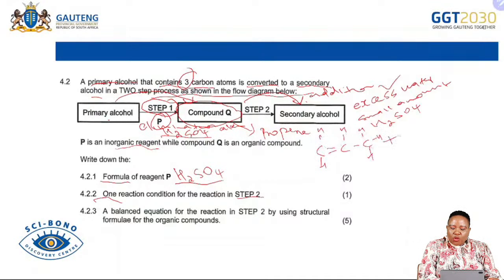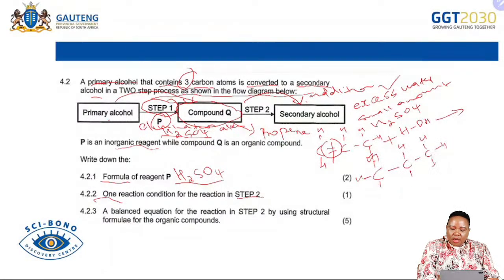We are going to add water into this propene. And when we add water, during the addition reaction the double bond will be broken. So when the double bond is broken, we expect H, and then a missing bond, CH, and a missing bond, and then CH3.